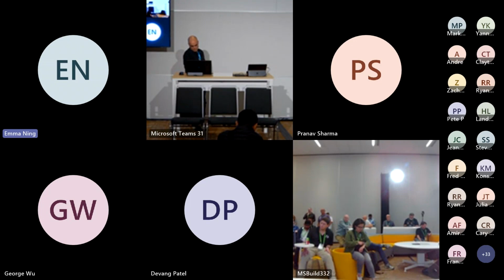So the end-to-end flow is that given a model and a hardware target, Olive can generate the optimized model that can run really efficiently with ONNX Runtime with different EPs.